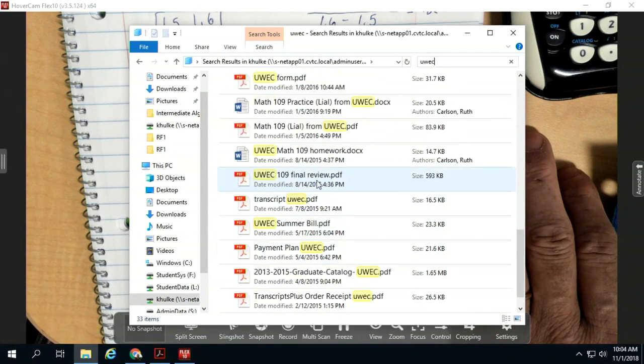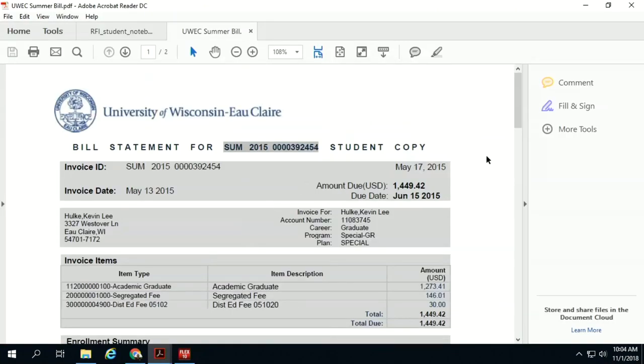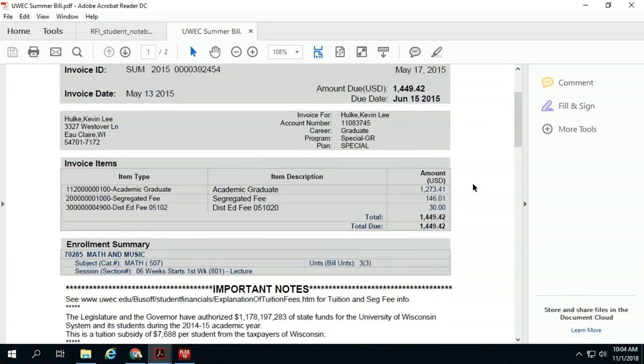Here's my grad transcript, that's not what I'm looking for. Payment plan, summer bill, that might be it. When I went to school during the summer, I took a class that was only $1,449 for 3 credits. It was a bargain.